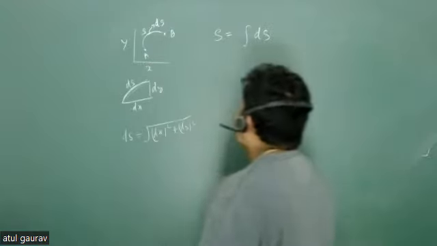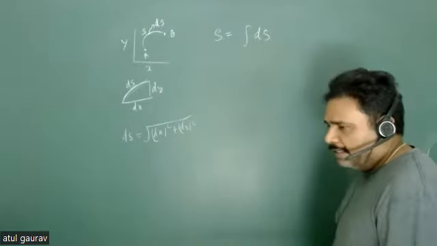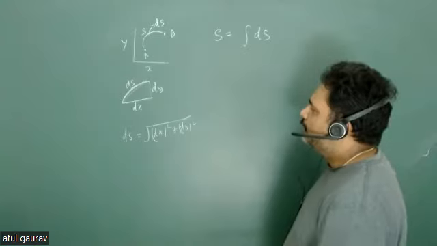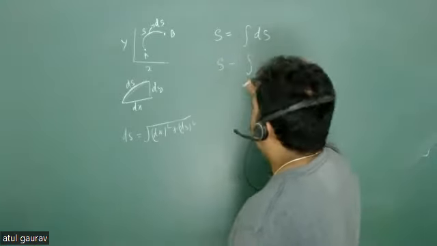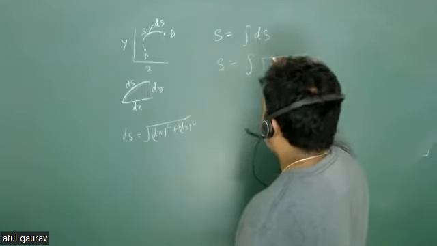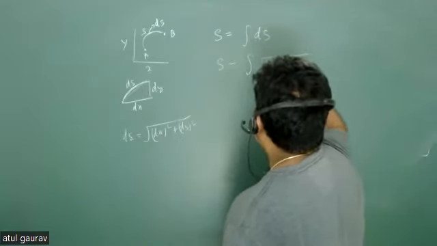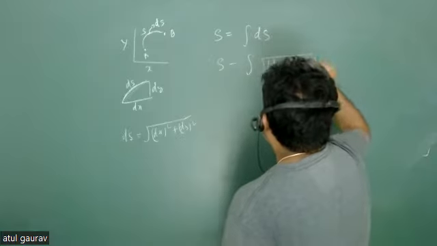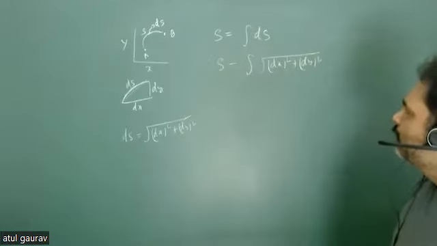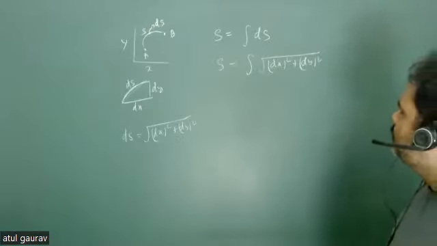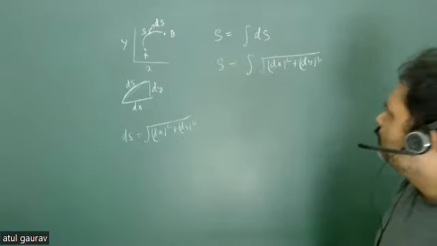Are you getting this thing? So S is nothing but integral of root under dx square plus dy square. Clear है ये?